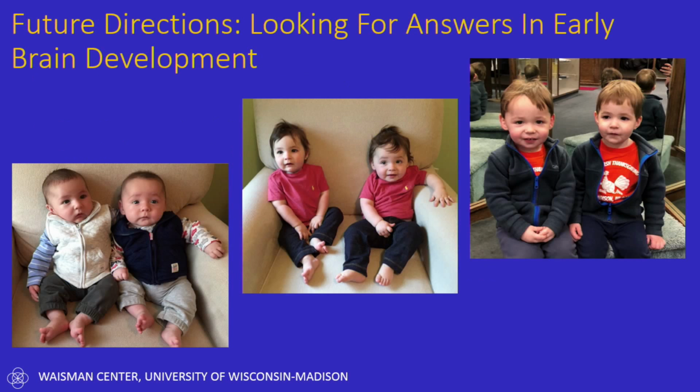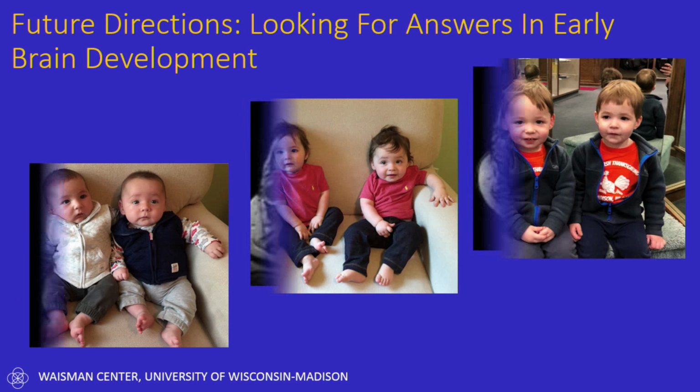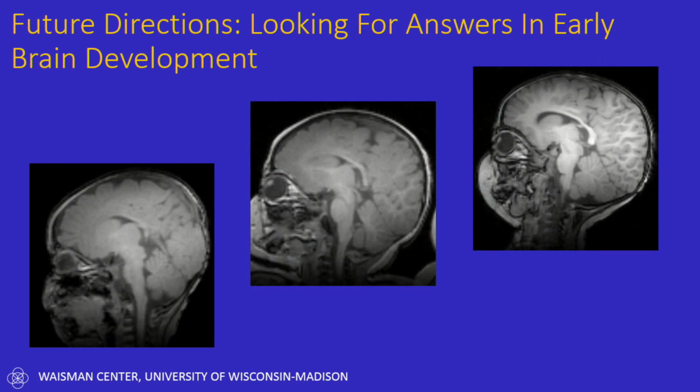And so looking forward, interests are really looking at early brain development. We know that a child develops very rapidly across the first 2 years of life, and we also know from imaging kids very young that there's tremendous brain development during this time.